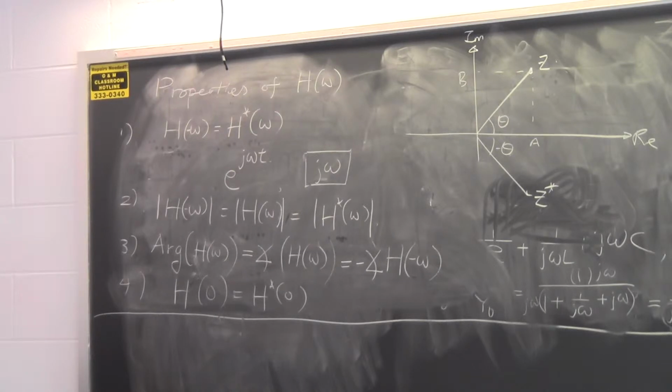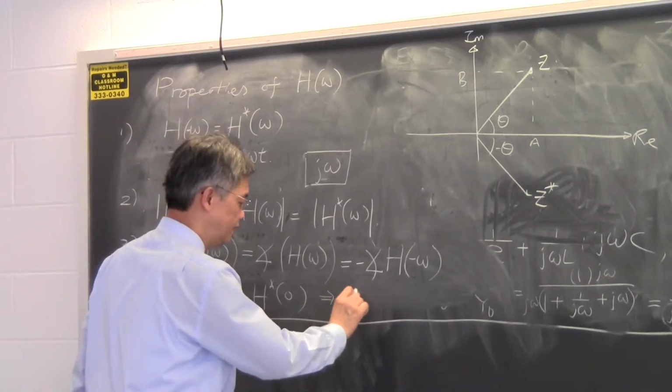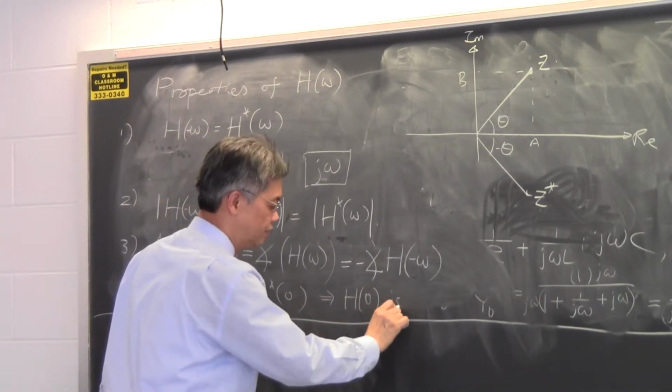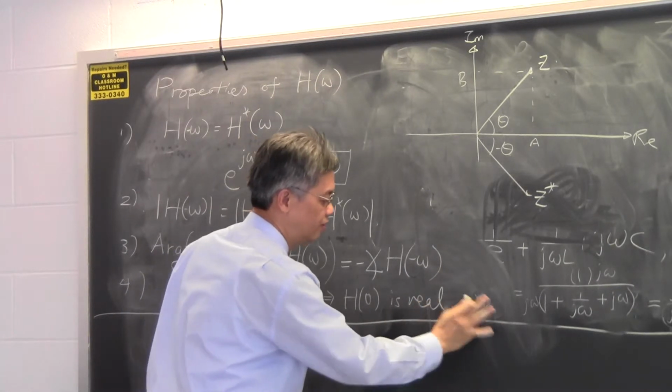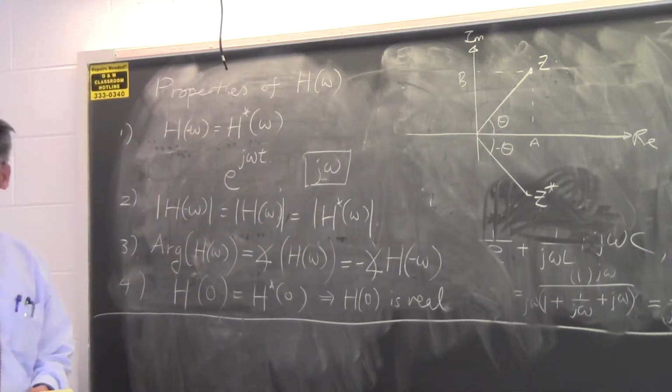What does that imply for the number? The number has to be a real number. This frequency response has to be real at the DC value, which means that H of 0 is real. It's a real-valued function. Okay, can everybody see that?